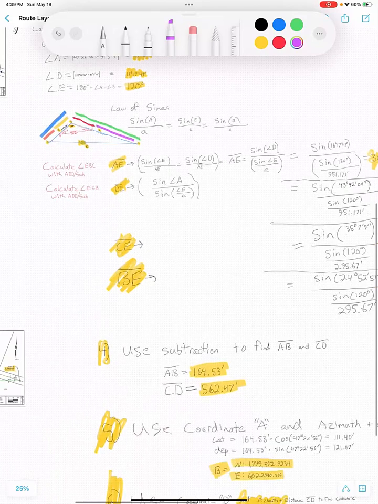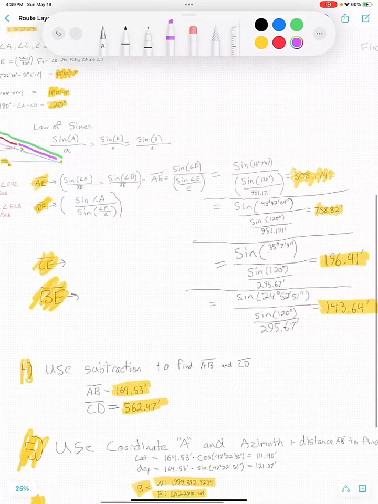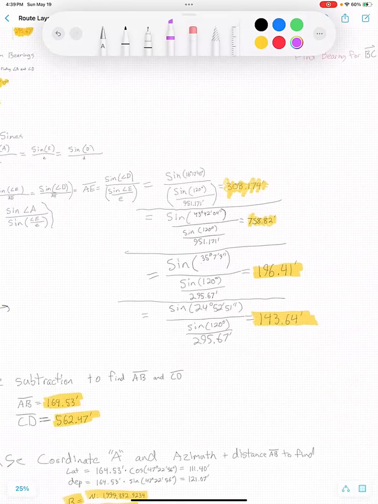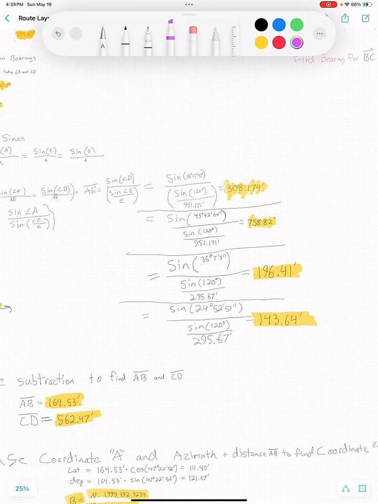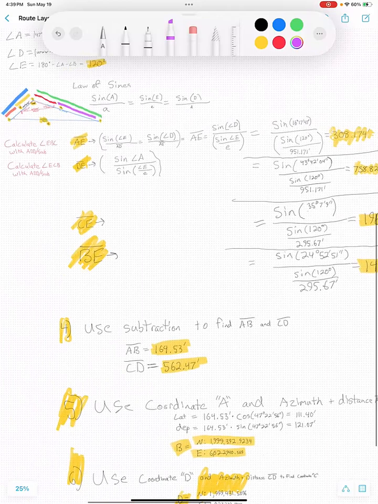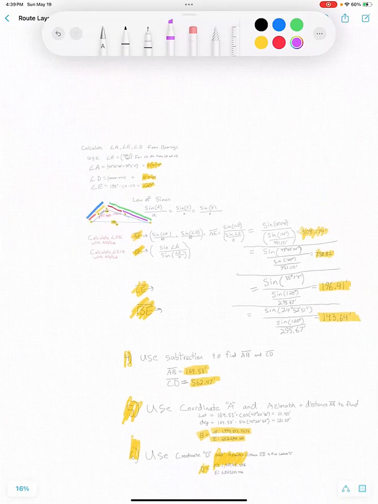Okay, so assuming we've gone through this step, right, we found AE, DE, CE, and BE using our law of sines. So we've got those values. Run through those. Now we're going to use subtraction to find AB and CD.